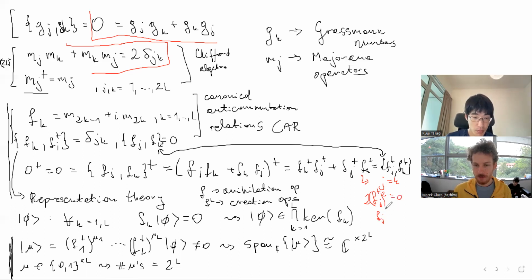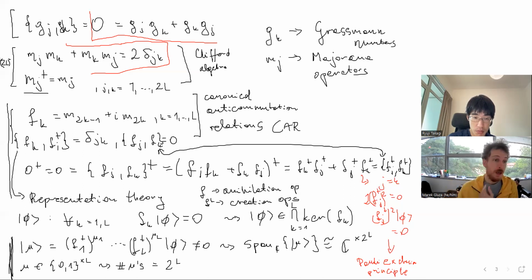So if I apply fj dagger squared to vacuum, I will get 0, which is called the Pauli exclusion principle. So we see that this is implemented here in the algebra.